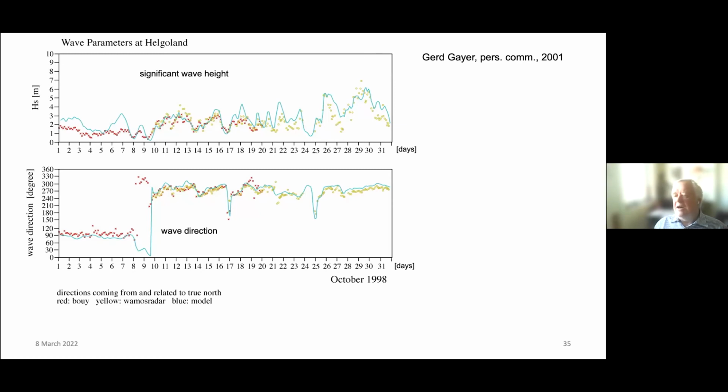Now you have to keep in mind, the wind data we are using here, which information is it carrying? It knows about the NCEP reanalysis, which is a really coarse resolution thing. So it doesn't know anything about Helgoland. It knows nothing about the German Bight. It knows possibly something about the North Sea, but only really marginally.